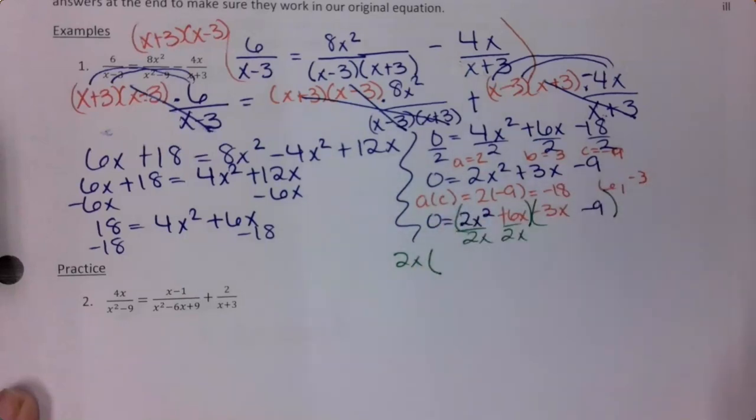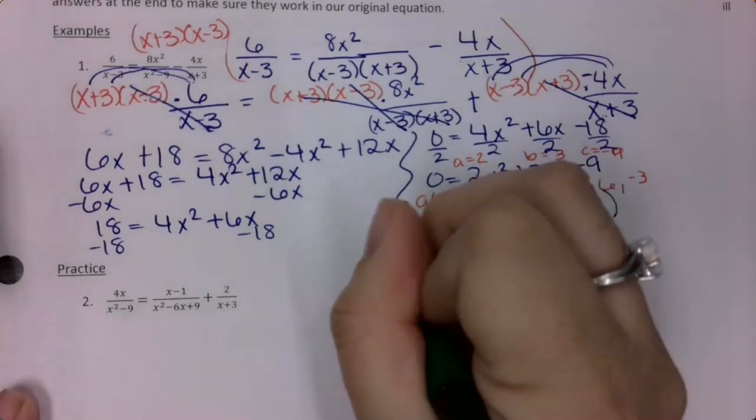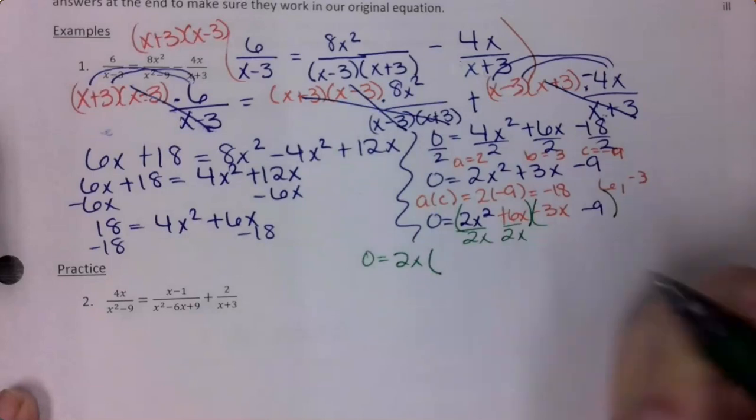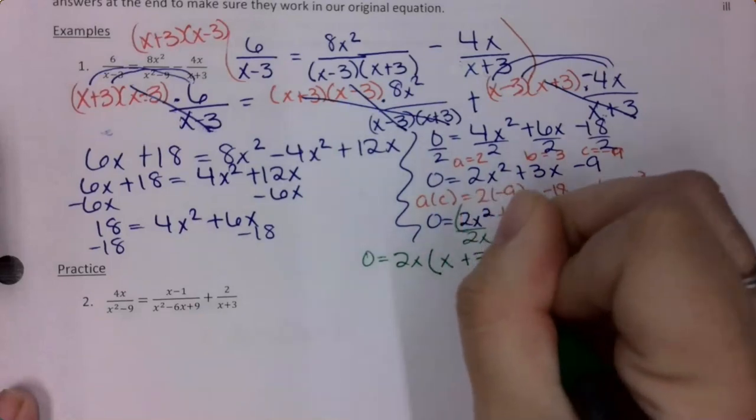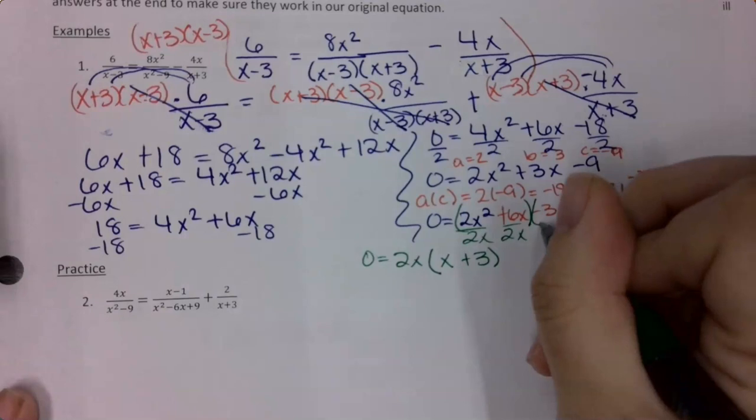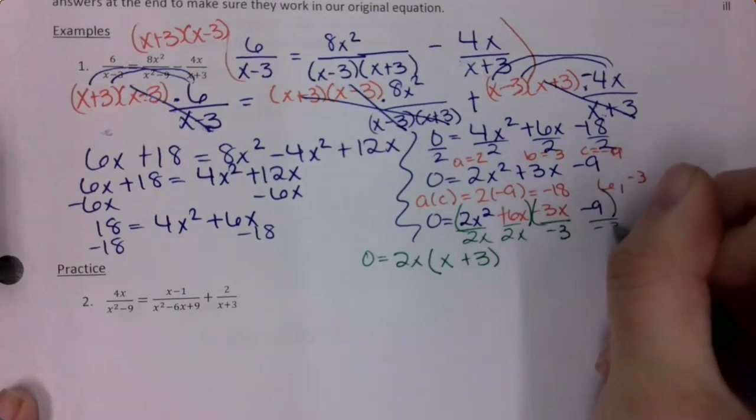And then what am I left over with? X plus 3, because I divided out an x. On the second side, I can take out a negative 3.